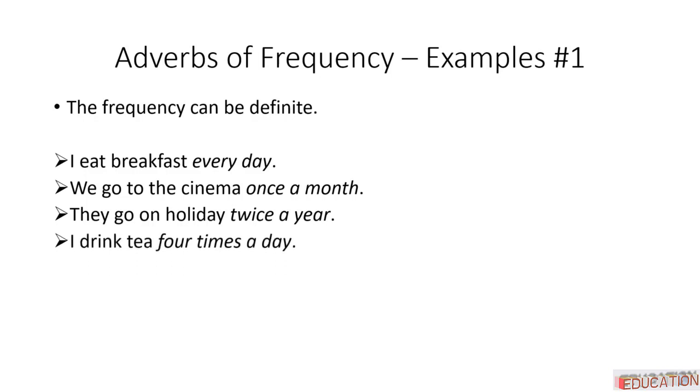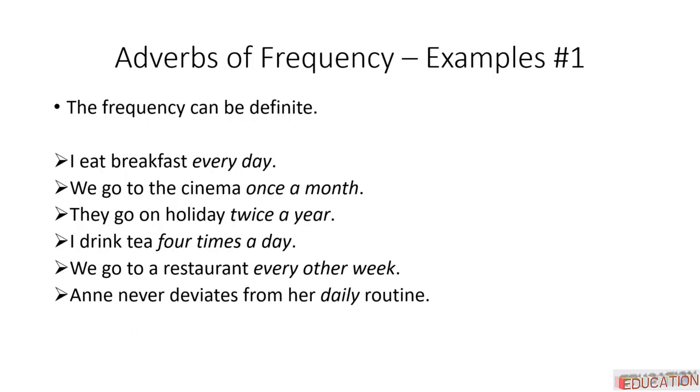I drink tea 4 times a day. We go to a restaurant every other week. Anne never deviates from her daily routine. His salary is paid monthly. Now those are all definite adverbs of frequency.